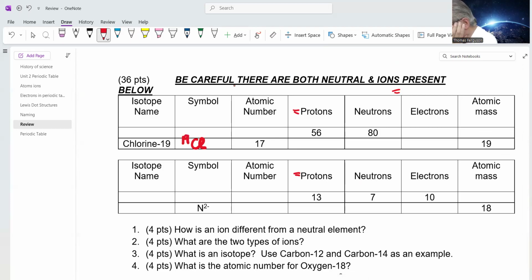That's protons and neutrons, and it's got 17 protons. So these two are always equal. 19 is the atomic mass, which is P plus N. So P is 17, so to get to 19, we have to add 2 neutrons. And because these are neutral, the protons and electrons are going to be equal.